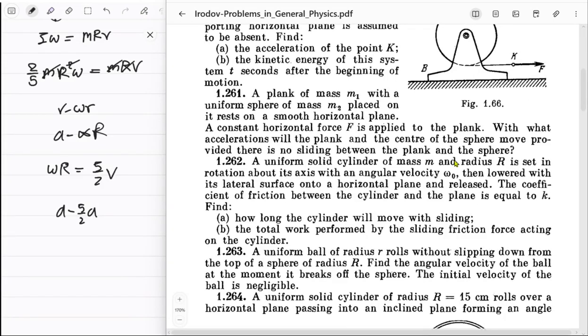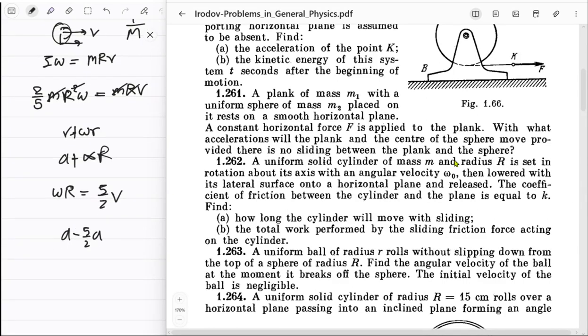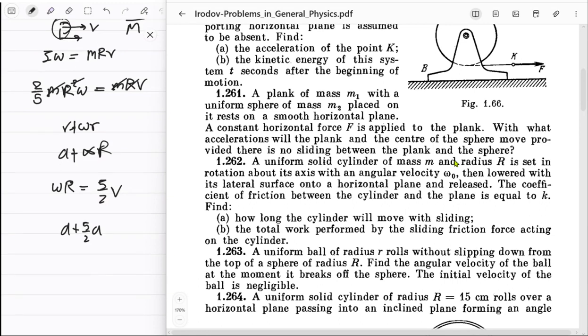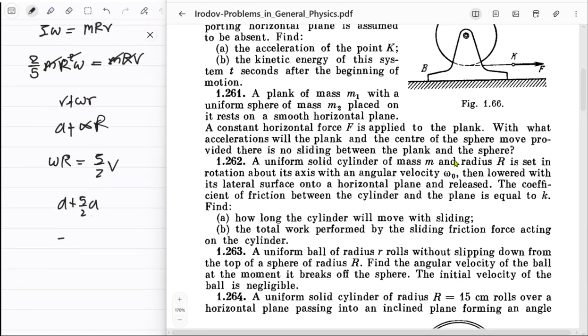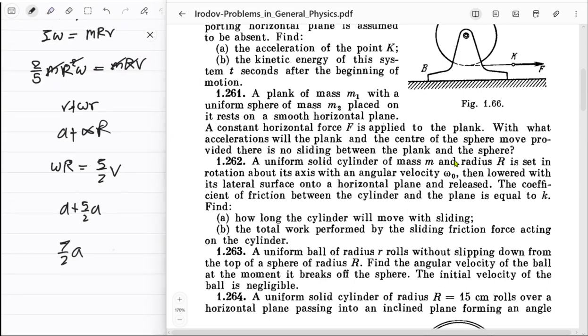Because how could this even happen? We know omega is in that direction. Oh, it's positive. What am I doing? It's v plus omega r. So it's actually a plus 5 upon 2 a. So 7 upon 2, that looks awfully similar to something I've seen already.